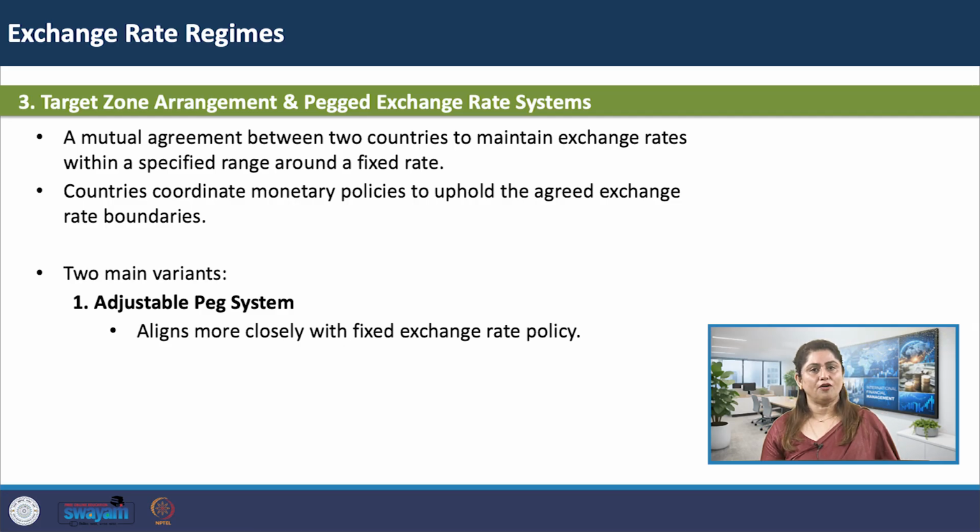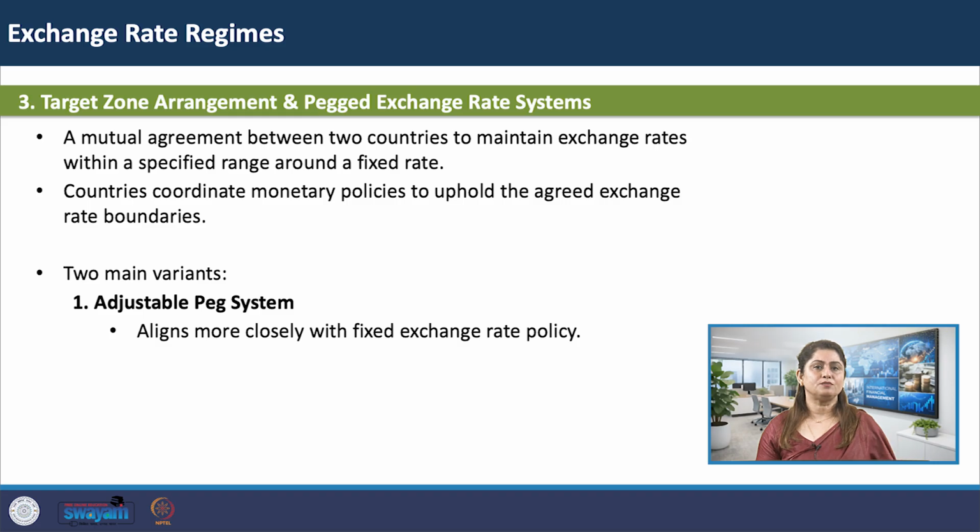Within this category of pegged system, there are two important variants. First one is the adjustable peg system. An adjustable peg is a fixed exchange rate that can be changed, but only infrequently and with deliberation. Countries maintain a fixed rate against a reference currency or a basket, but periodically, maybe every few years, if the circumstances warrant, the rate can be officially adjusted upward or downward.